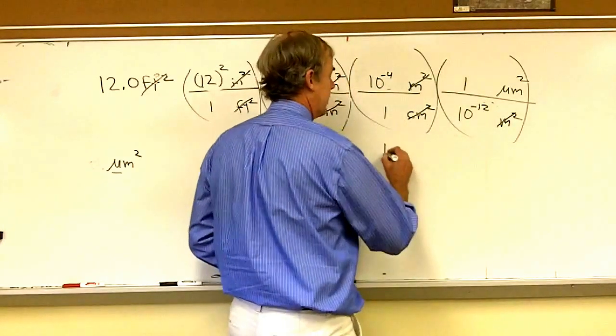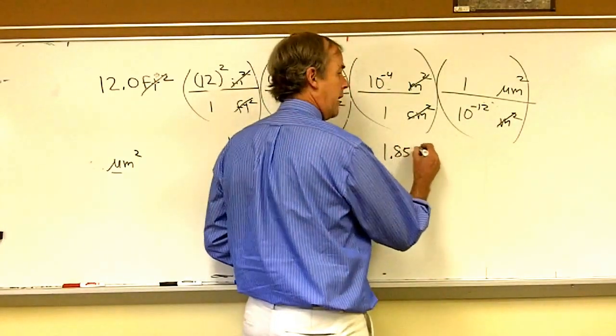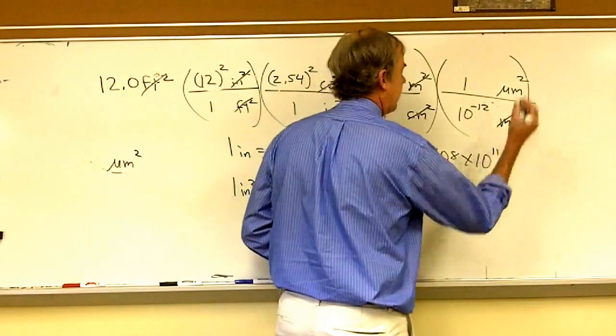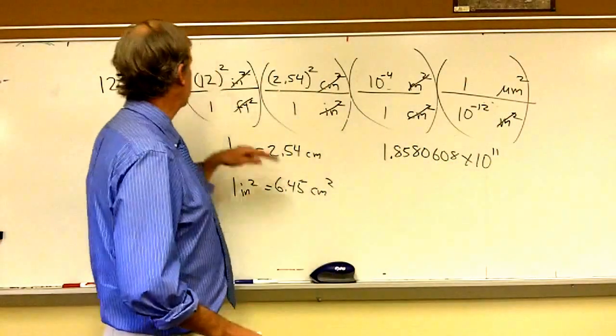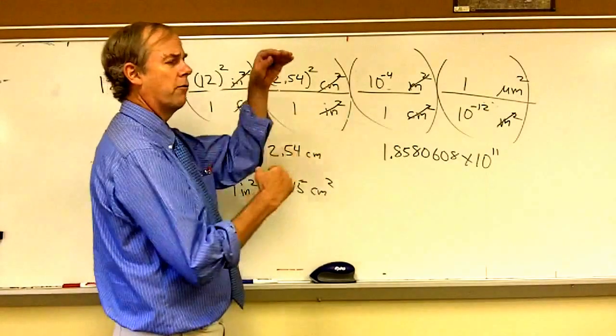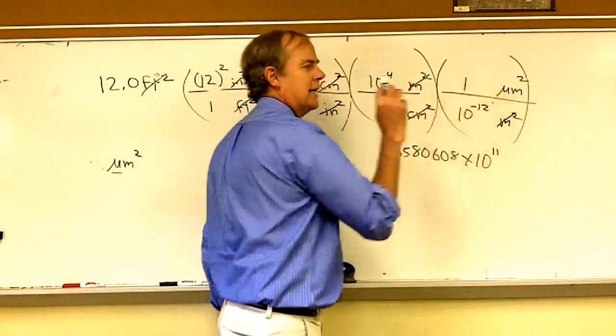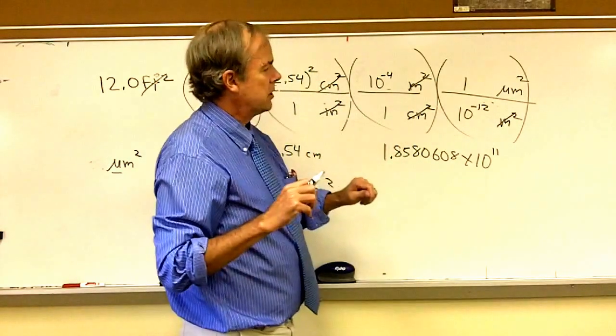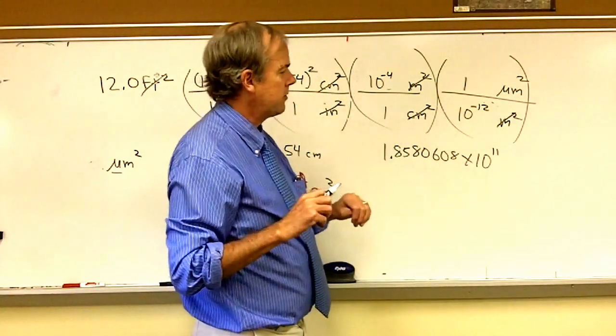Your calculator will read something like 1.8580608 times 10 to the 11th. Big number. But then again, we're talking about square feet and shrinking it down to square millionths of a meter. So I should have a large number. But 2 things wrong with my answer.